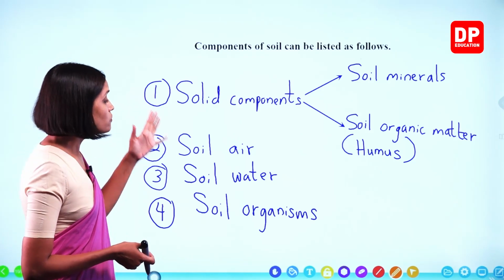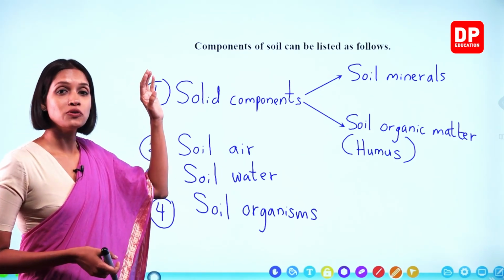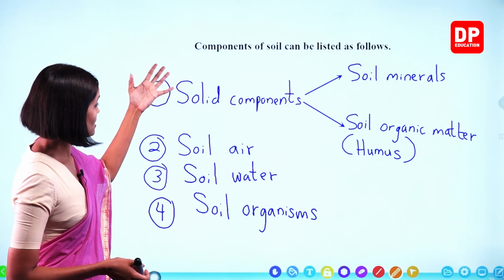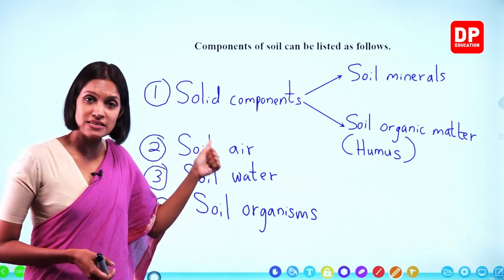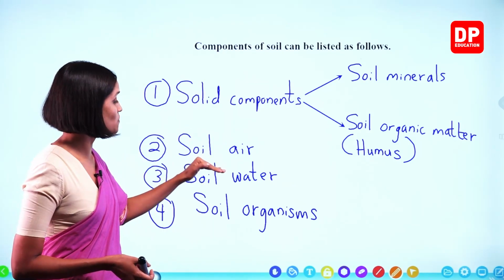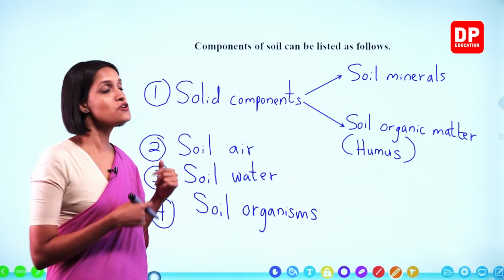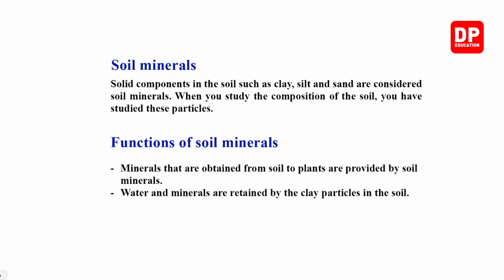So now we are going to learn more details about each topic, and basically we are going to learn what the functions of these components in soil are. We'll move on to the next. First we are going to learn about soil minerals.